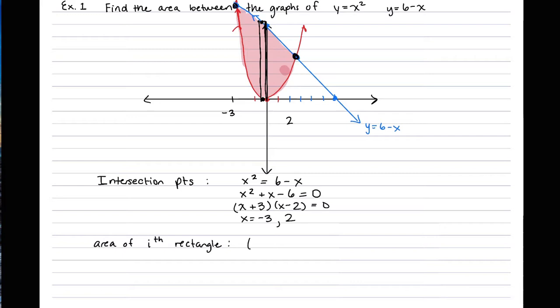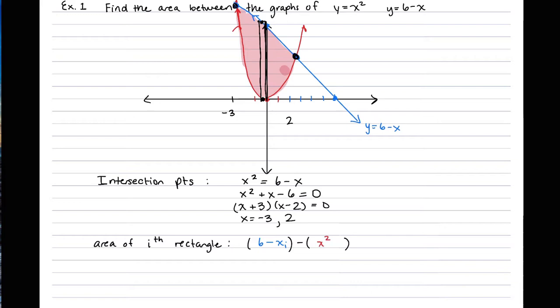So a general rectangle is going to be 6 minus x sub i. Let's color code it: top minus bottom, and the bottom is the parabola.